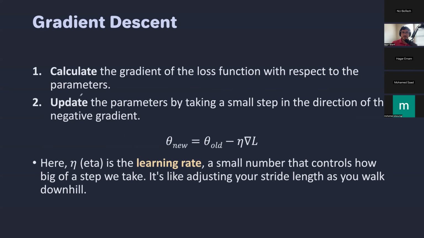And then from that gradient, we update the parameters by taking a small step in the direction of the negative gradient. You don't take the magnitude of the gradient itself. In order to control this, you multiply it by a scaling factor, which we call the learning rate. And this number controls how big of a step you move.